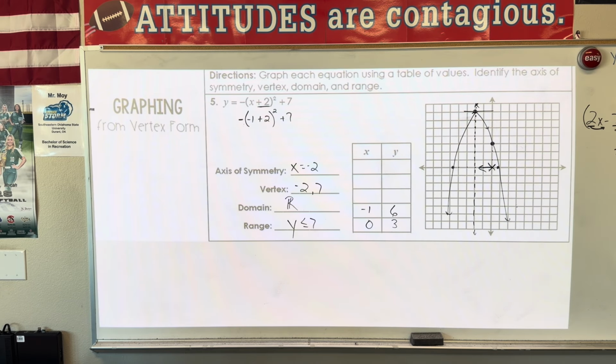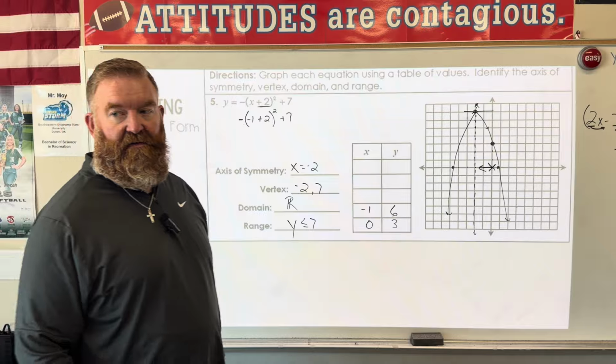Anybody find it already? I'm giving you guys a second to type. I see some weird faces. What happened? Did you put minus instead of a negative on the front?